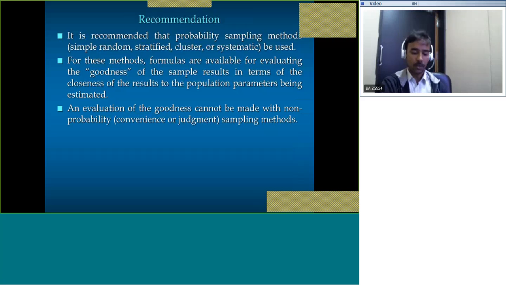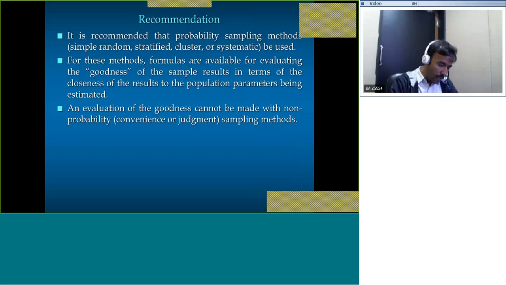Right? So I'll repeat what I have done in the last few slides. In the seventh unit, we are more interested in the process of drawing samples.